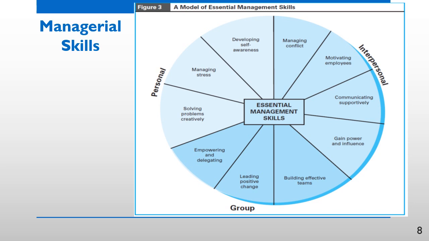Then let's move on to the group segment. So these are the management skills that you need to work in a group. So one, empowering and delegating. What are the skills required to empower other people?